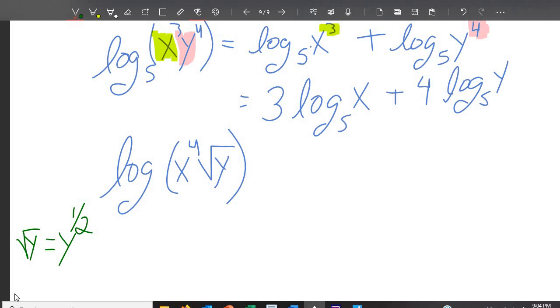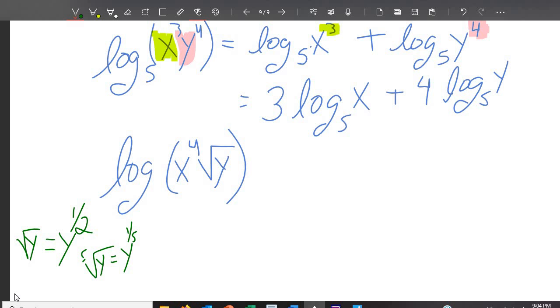Square roots are represented by a 1/2. If I had a 5th root, that would be represented by a 1/5. So we must convert them to exponents in order to apply these rules.